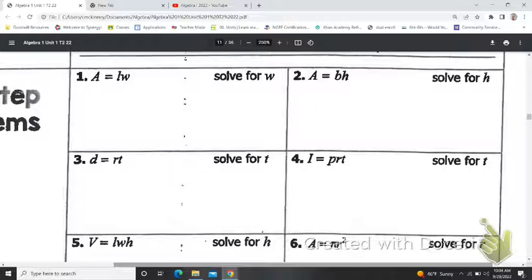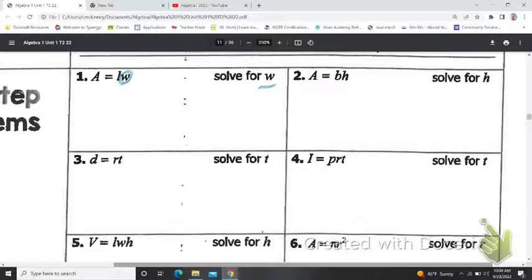So you always want to think, first, there's not an X at all, so what are we trying to get by itself? In this case, we are trying to get W by itself. The one that you're trying to get by itself, think of him as being kind of tied down. Leave that one where it is, and you want to remove the other variable from that side.